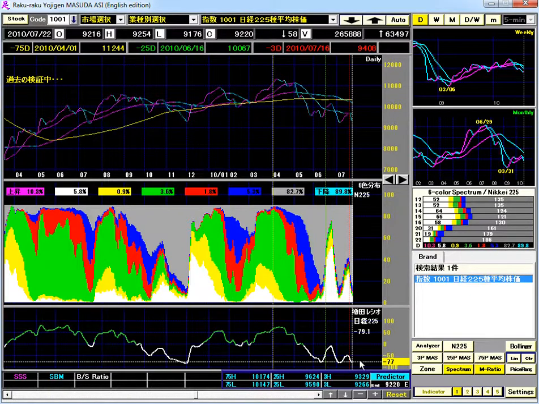This zone between minus 70 and minus 80 in the Masuda ratio context represents an oversold level, and basically the number of worst pattern stocks has kind of peaked out, and from here on we would reasonably be able to expect some kind of rebound.